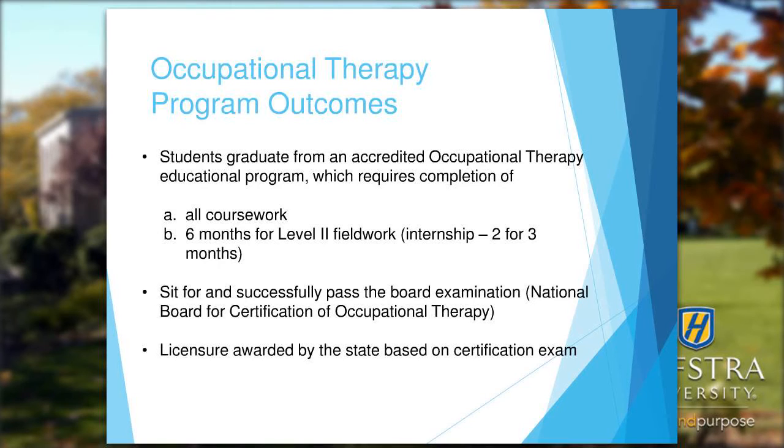Students are required to do two 3-month level 2 fieldwork placements. Our program has a community focus. There are 16 credits in our curriculum, and in each semester, students have a level 1 fieldwork experience.